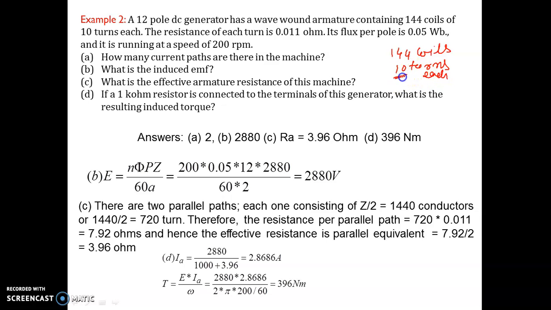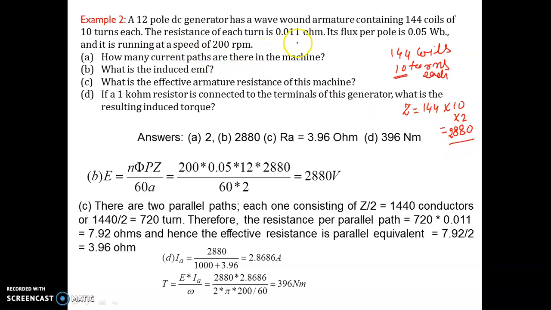So in 10 turns, 20 conductors. Total Z number of conductors will be equal to 144 coils multiplied by 10 multiplied by 2, so 2880 conductors will be there.